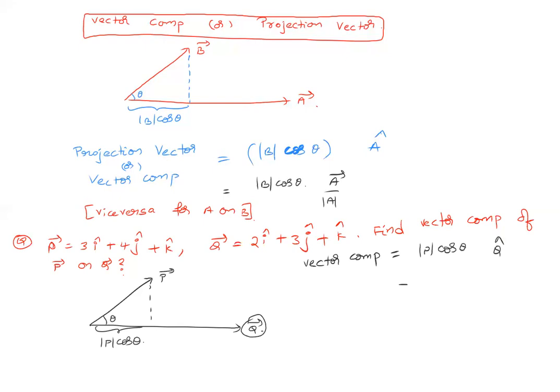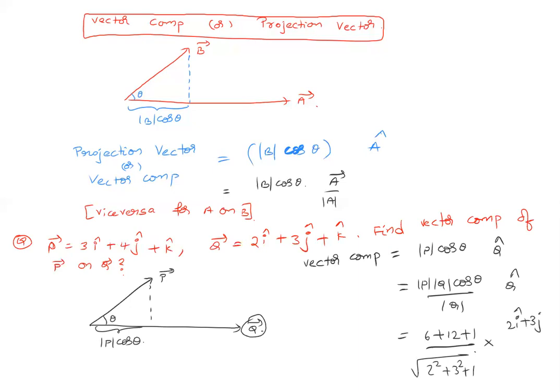You multiply with mod q by mod q, so that will give you mod p mod q cos theta by mod q times q cap. Mod p mod q cos theta is p bar dot q bar, that is 6 plus 12 plus 1, whole divided by mod q, which is under root 2 square plus 3 square plus 1, times q cap, which is 2i cap plus 3j cap plus k cap, q bar by mod q.